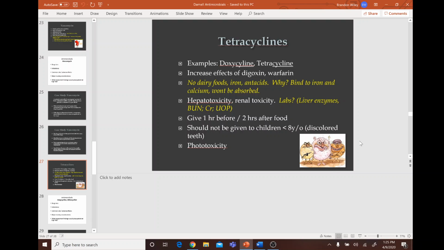What are the side and adverse effects of tetracyclines? Hepatotoxicity, renal toxicity, and then phototoxicity. And you should not give it to children under 8 years old because it might cause discolored teeth. When should you take tetracyclines? 1 hour before or 2 hours after food.